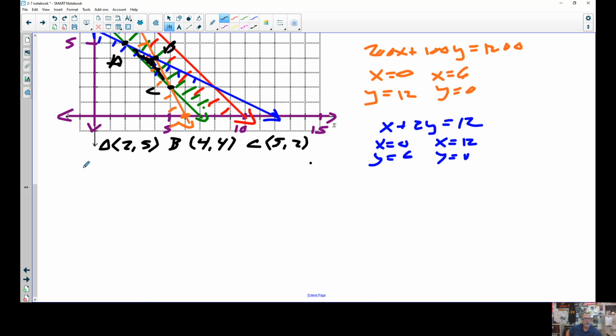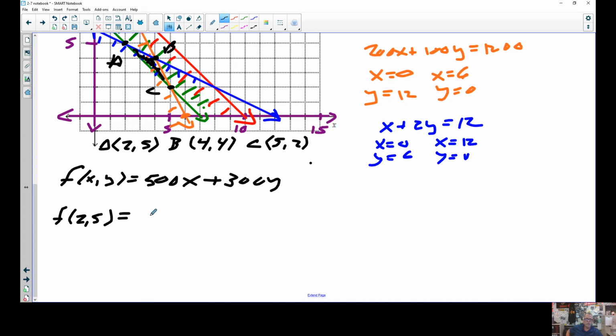So again, f of xy is 500x plus 300y, and we've got to find f of our vertices. Because our max or mins are always going to occur at those vertices. Those extreme values are always going to be there. So 2 times 500 is 1,000, plus 5 times 300 is 1,500.